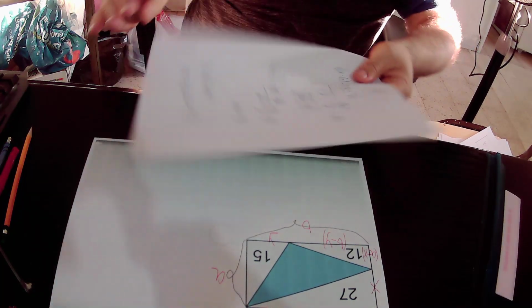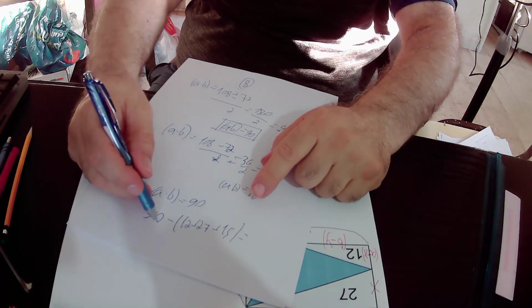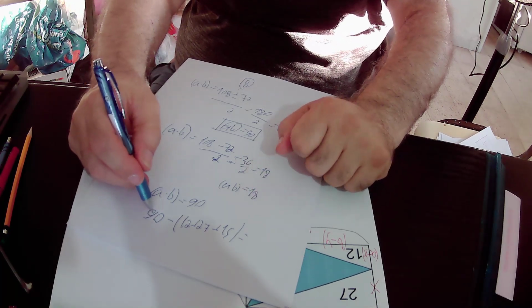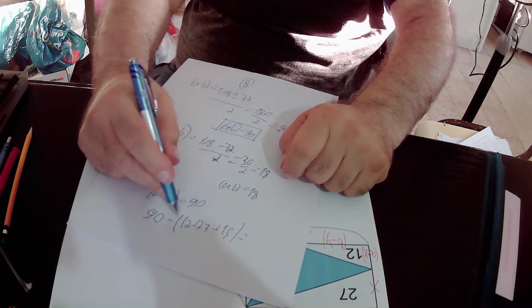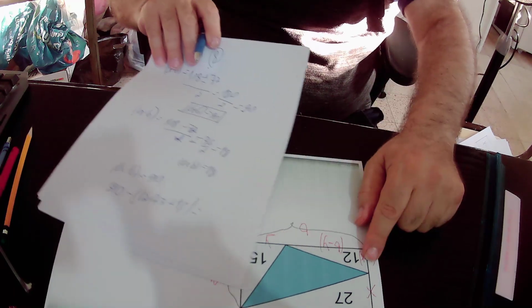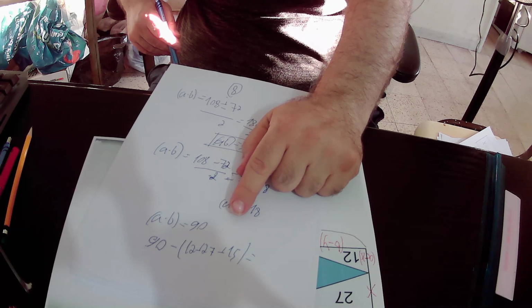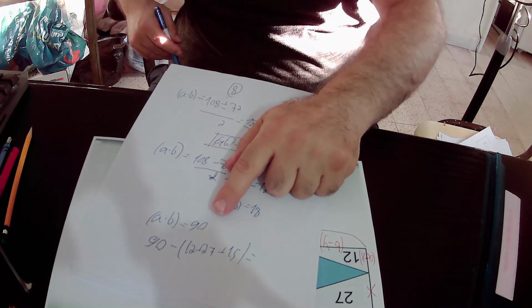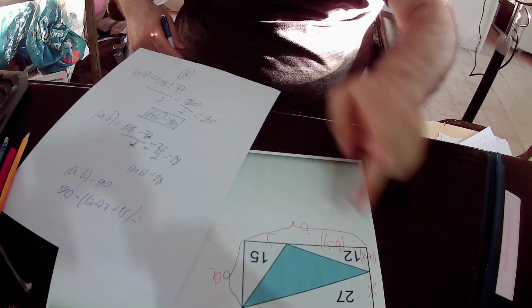So as I already told you, the area of the blue triangle equals the area of the rectangle that is 90 units minus the sum of the areas of these three right triangles, and the sum of the areas of those three triangles is actually 12 plus 27 plus 15, okay?